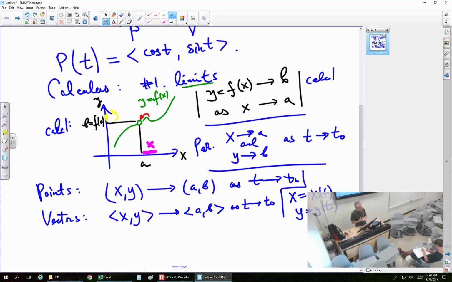So x has to approach A at the same time as y approaches B. You cannot do one or the other. They have to approach simultaneously, and that literally means that the point over there in red, point xy, is approaching the circular point over here, and this point is point AB.